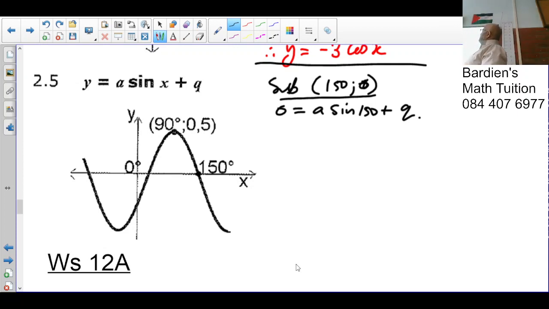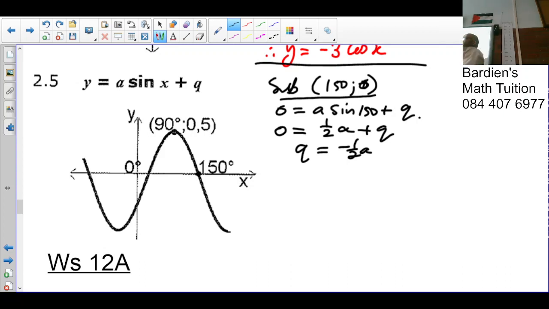What is sine of 150? Half. So this will be half a plus q is equal to 0. So q is equal to minus half a, or a is equal to negative 2q. Okay, this is equation 1.